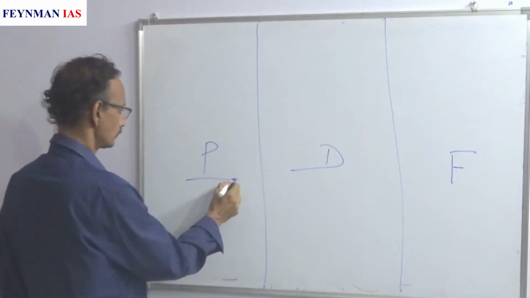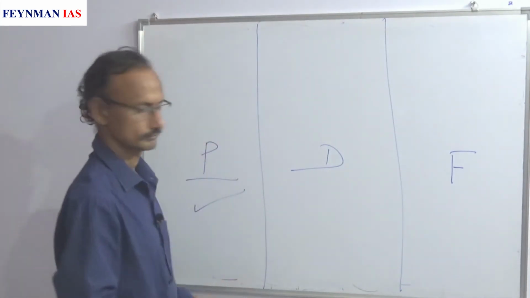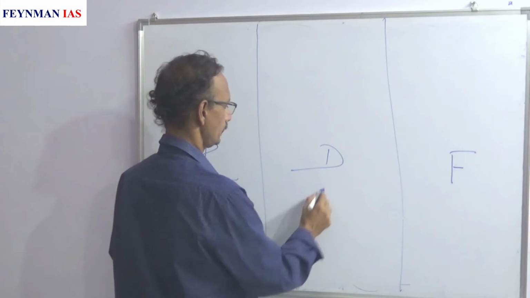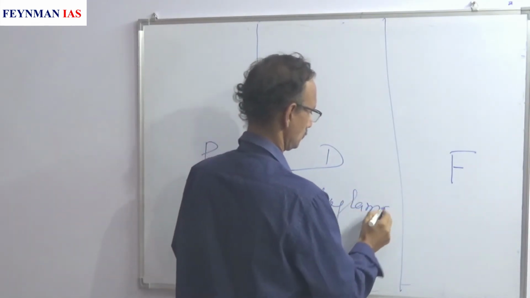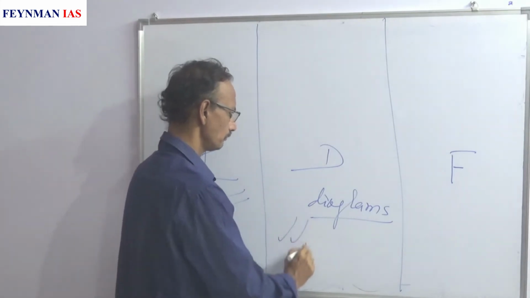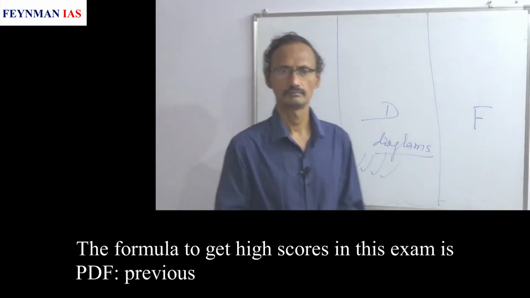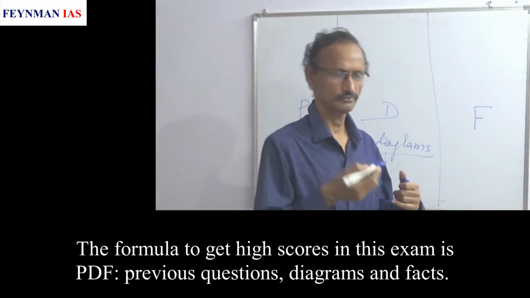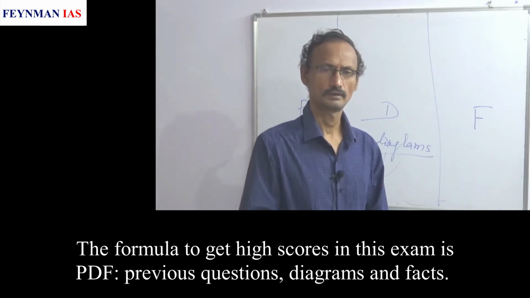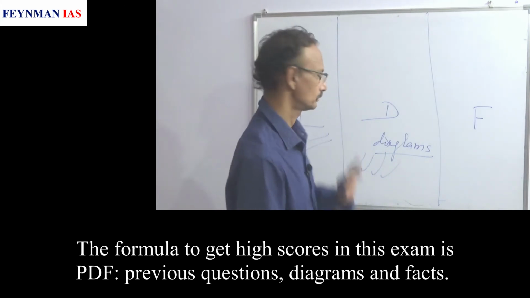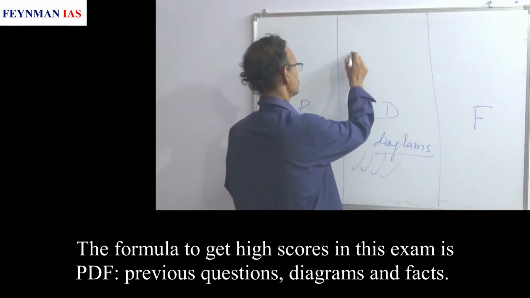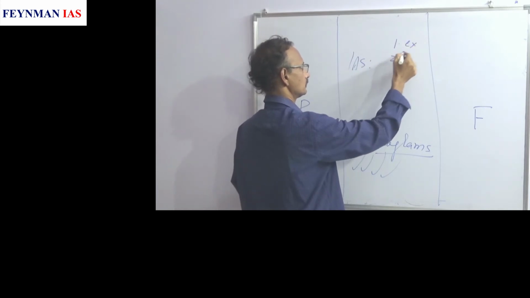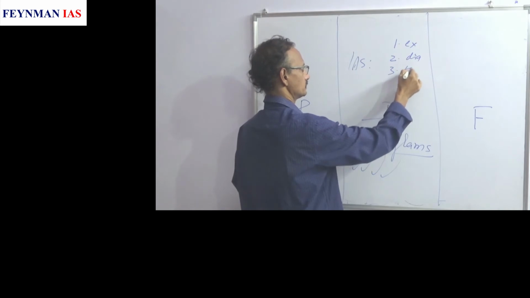P stands for previous year questions. This point we discussed. D stands for diagrams. Very, very important. There are a variety of ways of drawing diagrams. So please watch 3 of my videos where I explain IAS answers in terms of examples, diagrams and facts.